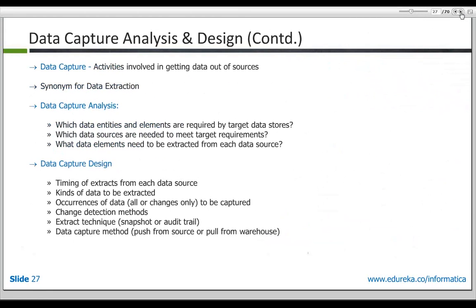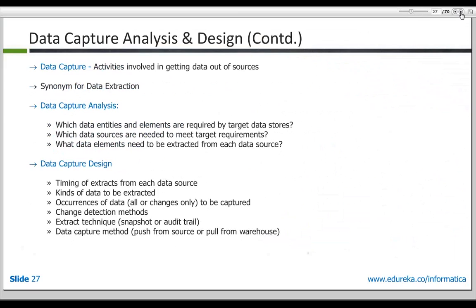Okay. So there have to be different data capture activities involved. How to extract the data, whether you will be capturing the whole data every time. So when you read from the different sources, or maybe one source, you have to identify what data you need to extract. Your source system may have millions or billions of rows, but you may not require all of them.